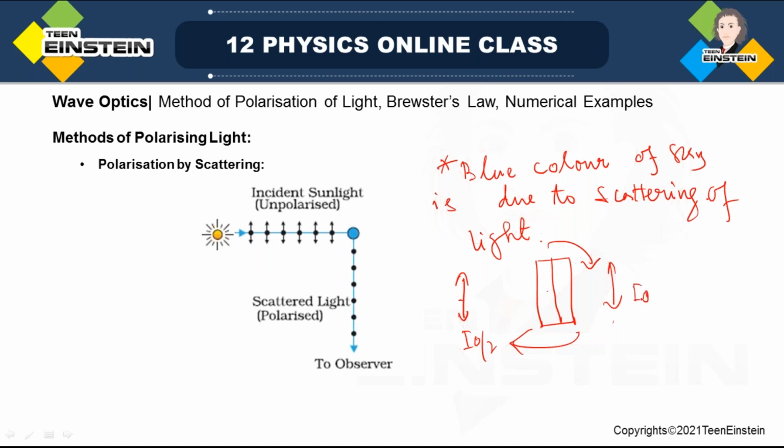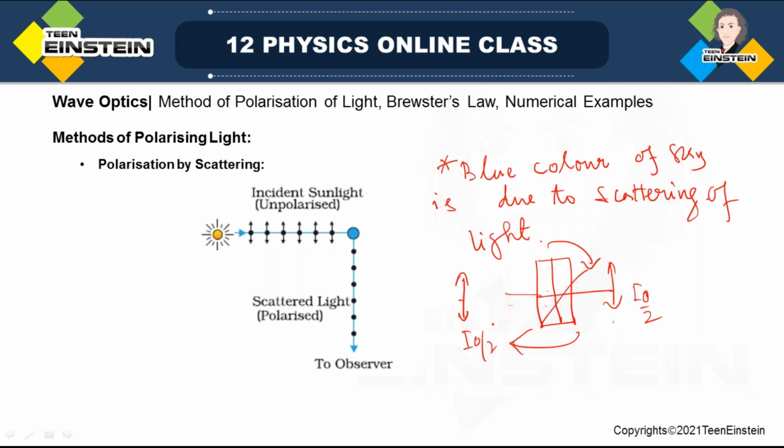Once you rotate it, intensity will fall, and at 90 degrees the intensity will be 0, and again it will increase, and on this side when rotated it will again be 0. So there will be intensity variation: sometimes so bright, sometimes a little dark.